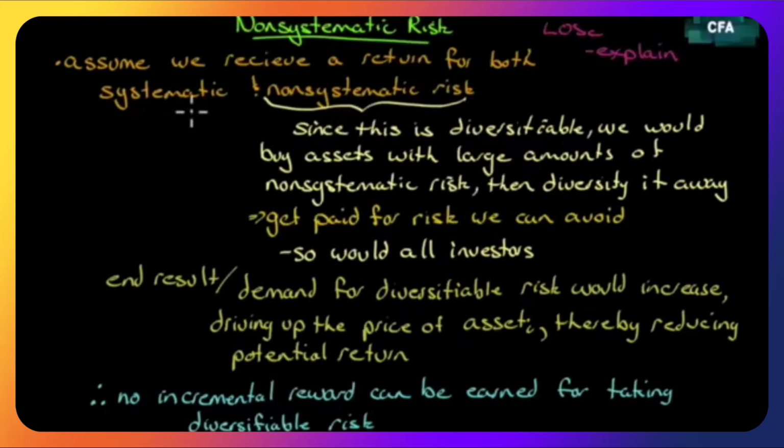All that's left is systematic risk. Therefore, no incremental reward can be earned for taking diversifiable risk. So if we're attempting to determine the expected return on a particular asset, the only risk that matters, as far as this argument is concerned, is systematic risk, not total risk.